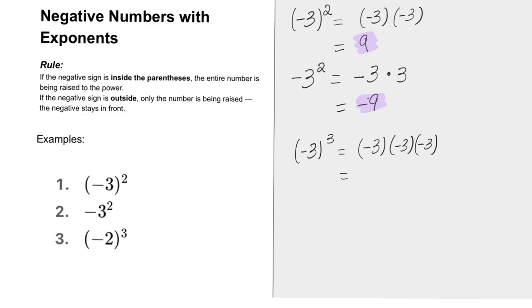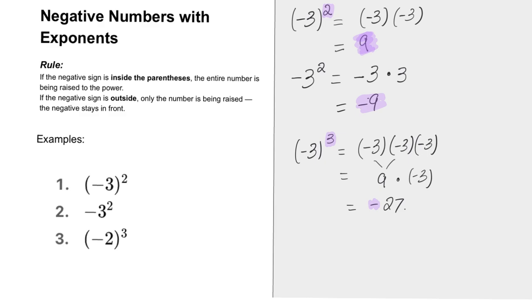If you said negative number, you're absolutely correct, because -3 times -3 equals 9. And then we're going to bring down 9 times -3 will equal -27. So remember, if your exponent is an odd number, then we'll end up with a negative number. If your exponent is an even number, then we end up with a positive answer.